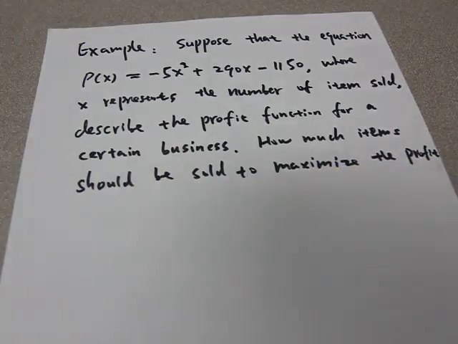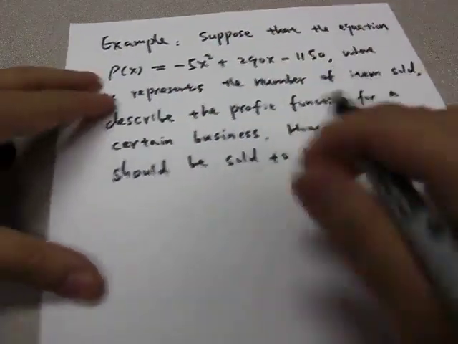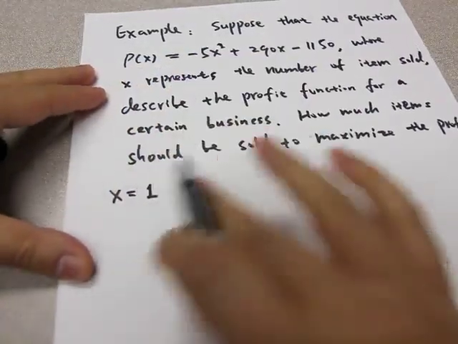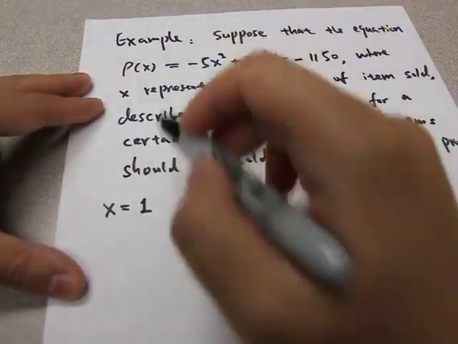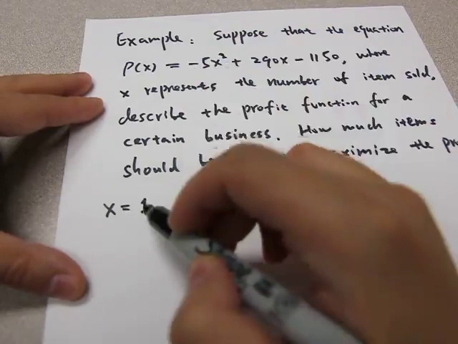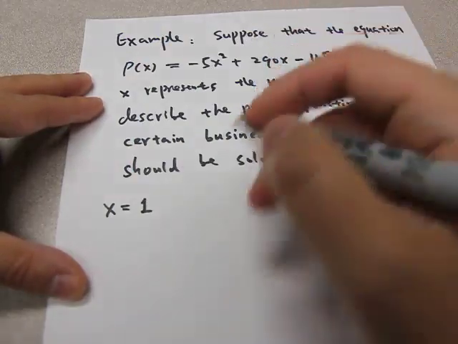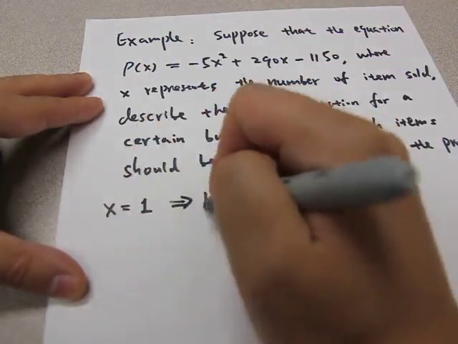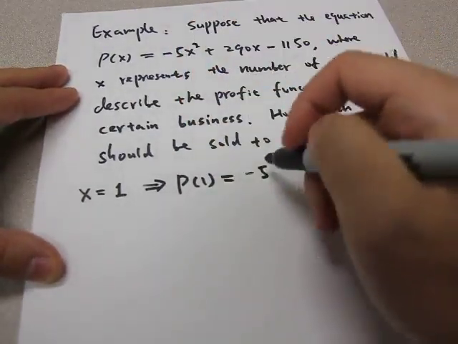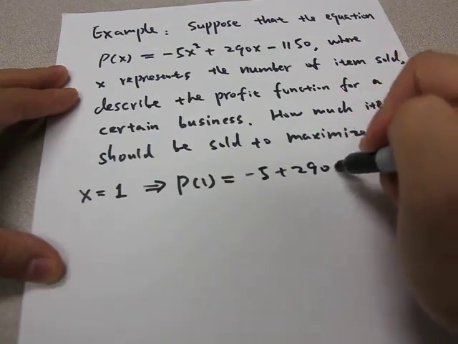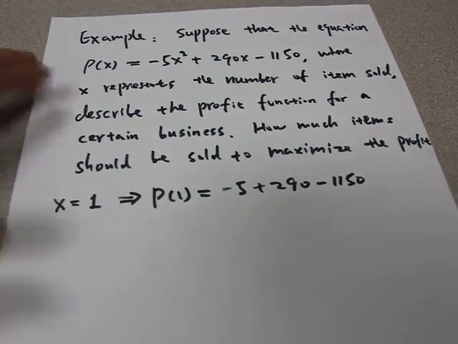So what does this mean? x is the number of the product you sell, right? For example, if you sell only one item of this product, then by plugging the 1 into the function, you can determine the corresponding profit. So here, if x equals 1, the corresponding profit is negative 5 times 1 squared plus 290 minus 1150, which gives you a number.